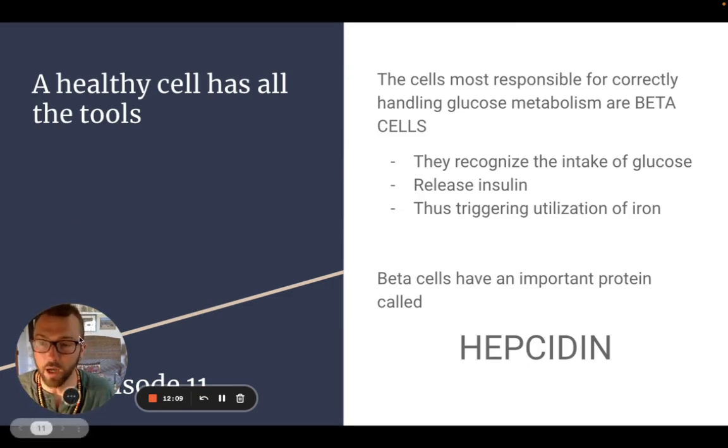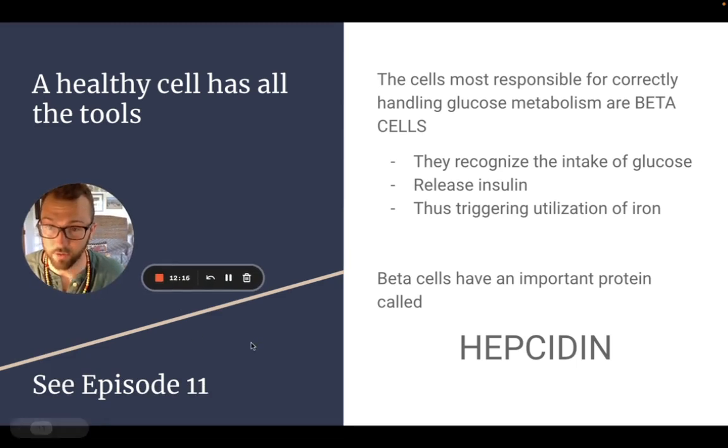So when you're thinking of beta cells, because that's what every diabetic is concerned with, the cells most responsible for correctly handling glucose metabolism are beta cells, right? That's not new information. In order to effectively handle glucose, our beta cells need to work. What do we need those beta cells to do? Well, we talked about that insulin release, iron mobilization connection, right?